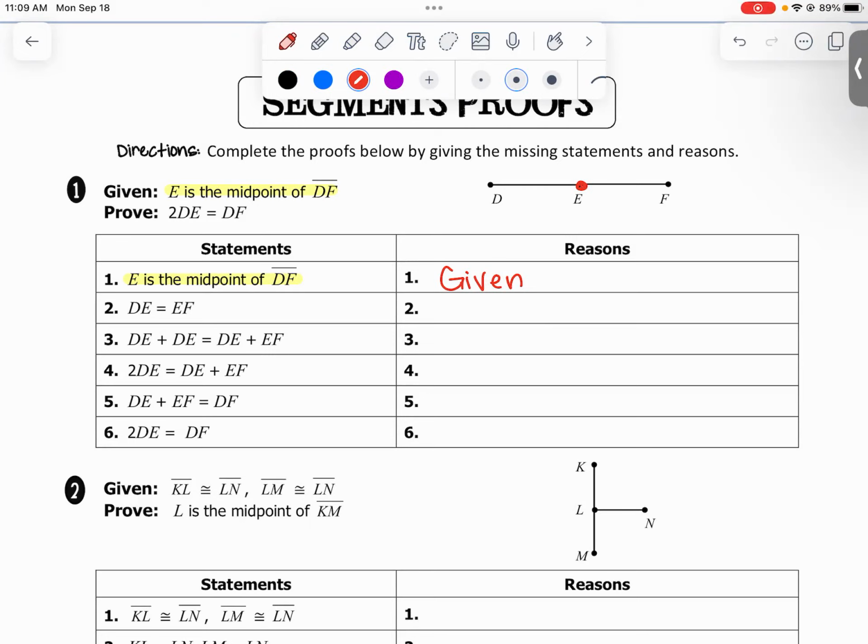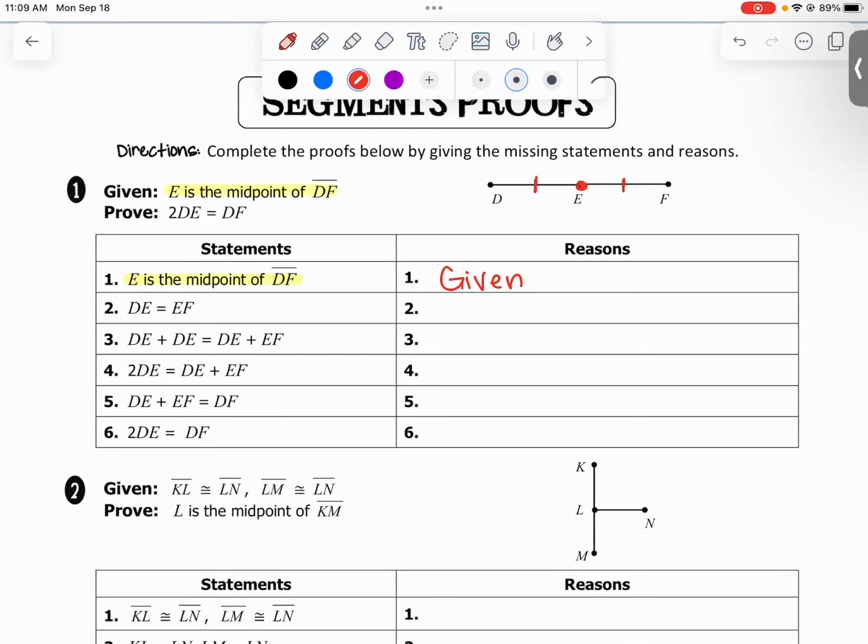We know we have two equal pieces. So I'm just gonna write this on our diagram. Oh, and look at what our next step is. Because we know that E is the midpoint, we can write DE equals EF.